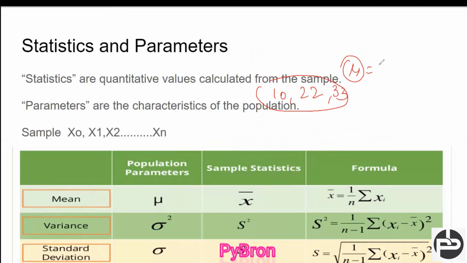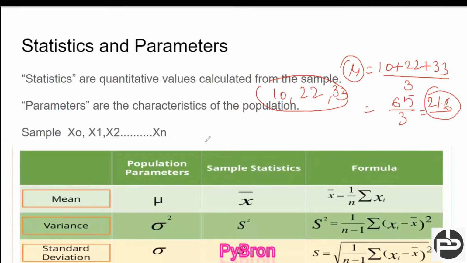So if I add 10, 22, 33 and divide by 3, 65 by 3, something like 21.6 will come. So this is my mean. Similarly, if you want to calculate the standard deviation, oh sorry, variance. Why are there squares, why is it like this, that we will see in a while.